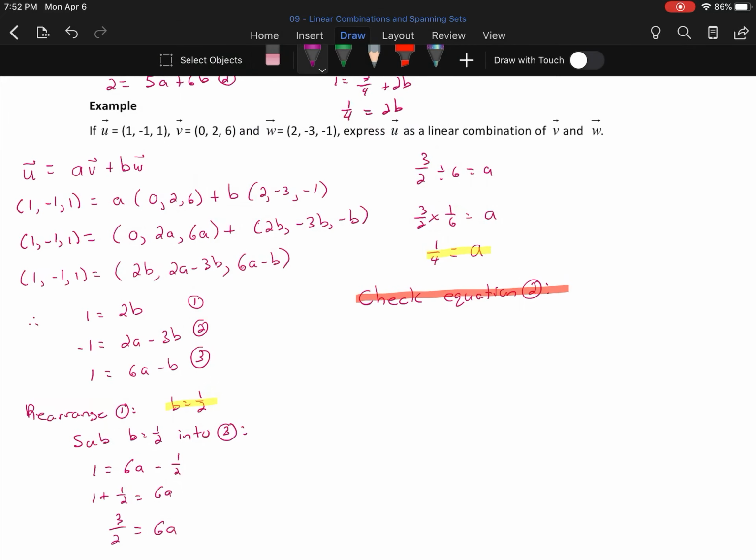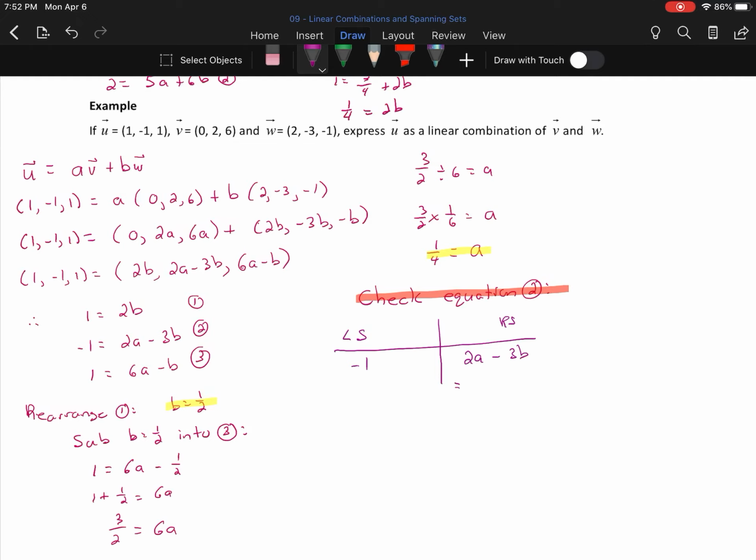I've got an a and b that are going to work. But I have to make sure by checking the equation I haven't used yet. So you can set this check up any way you want. I like doing it formally, a left side, right side check to make sure that this a and b works in equation 2.